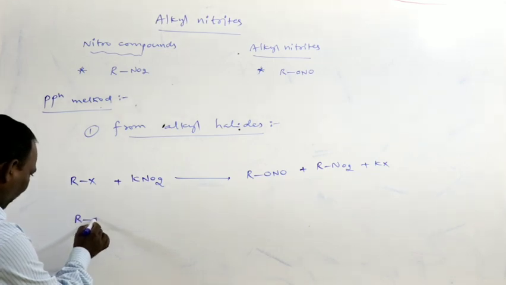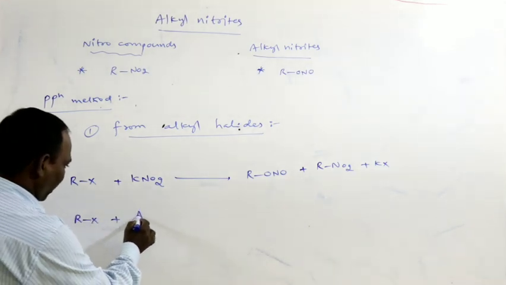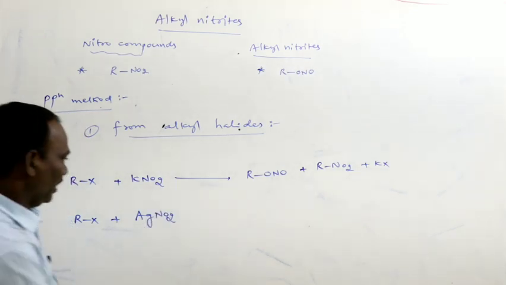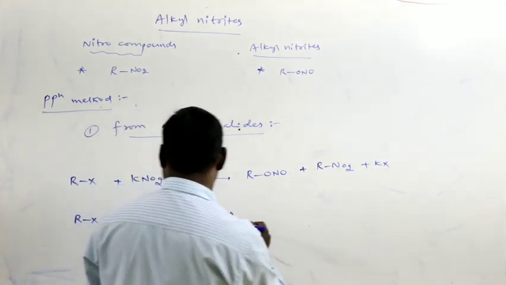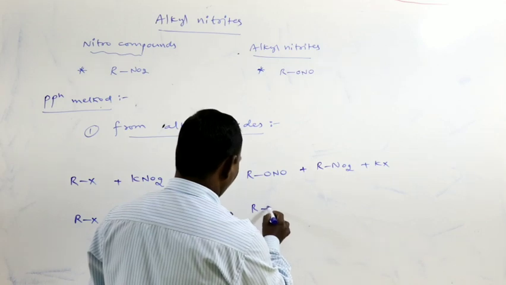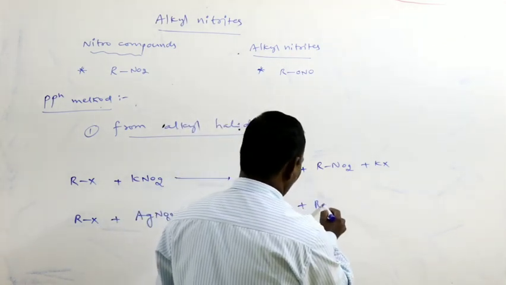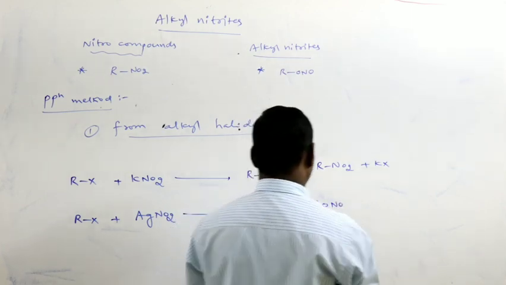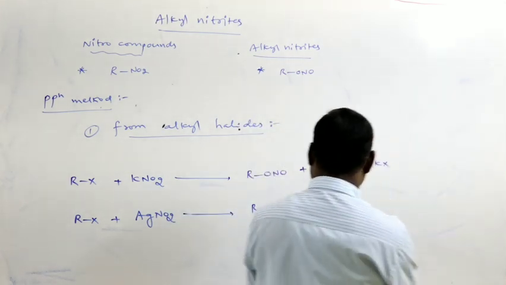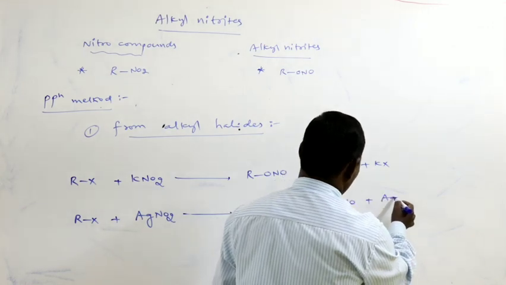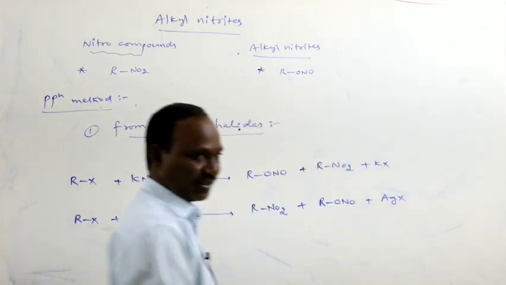Similarly, alkyl halides on treatment with silver nitrite, AgNO2, give rise to RNO2 plus RONO, alkyl nitrite, plus AgX.